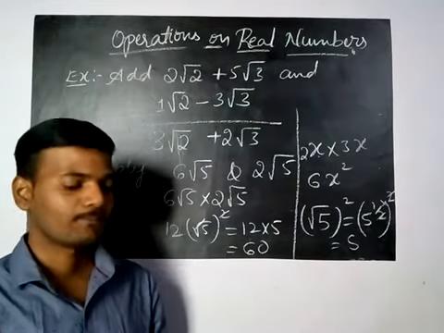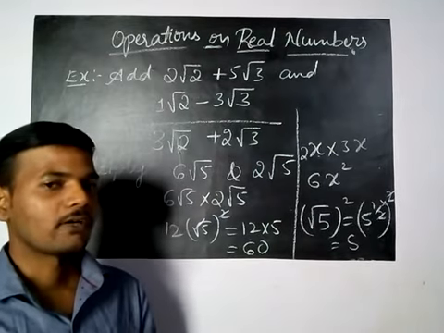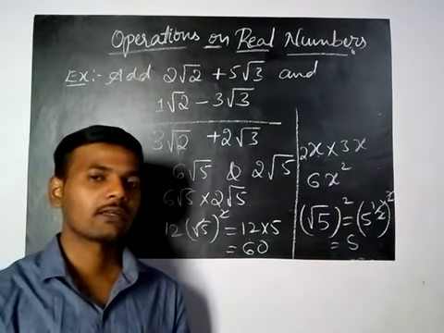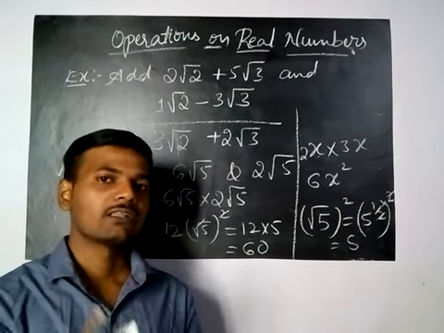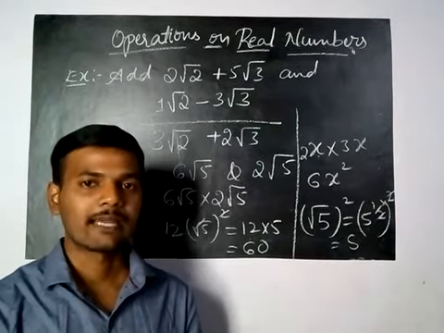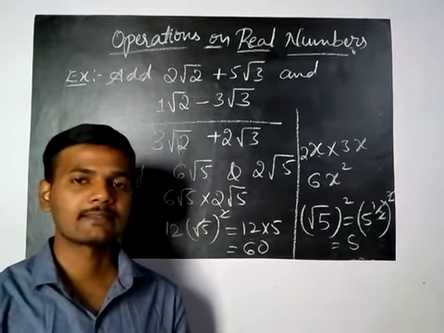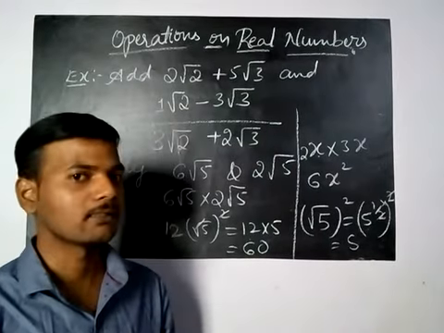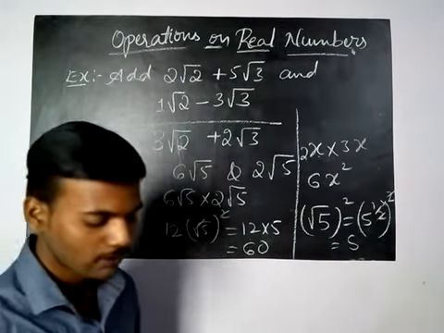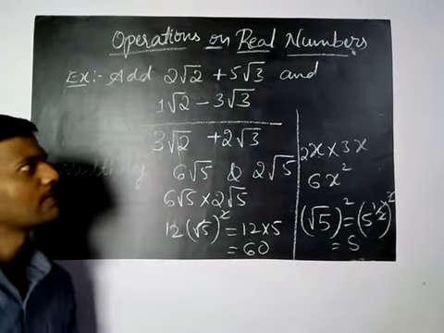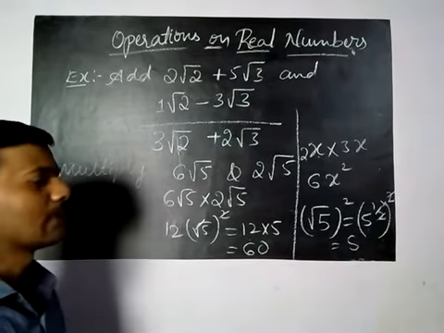Remember the point: whenever there is the whole square of the square root of a number, the square and the root cancel and we are left with only the number. Understand this process. This is the addition and multiplication.